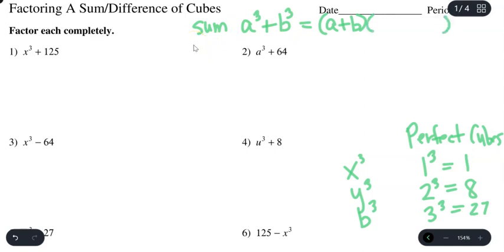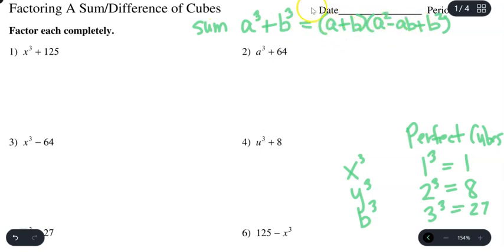Your second factor is going to be your first cube root squared, your second cube root squared, and then the product of the two cube roots in the middle. And when you look at this, the first factor is plus, it's addition, and then we have subtraction, addition.